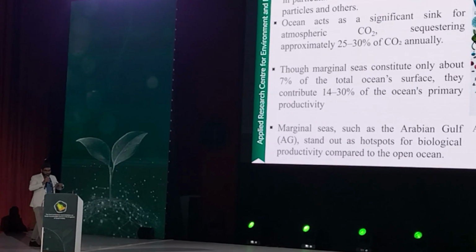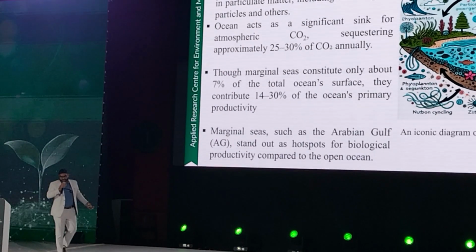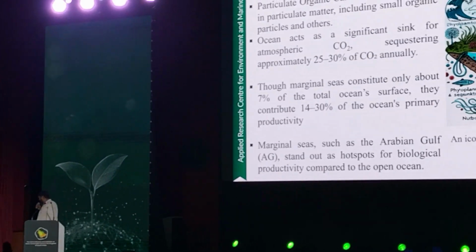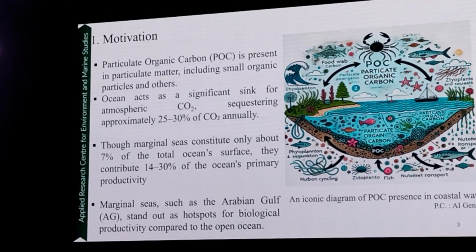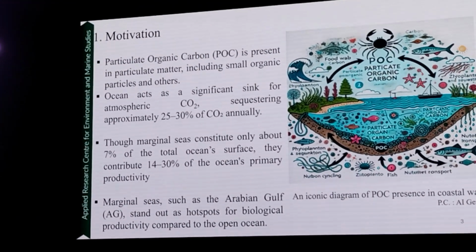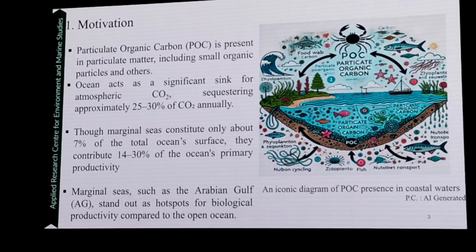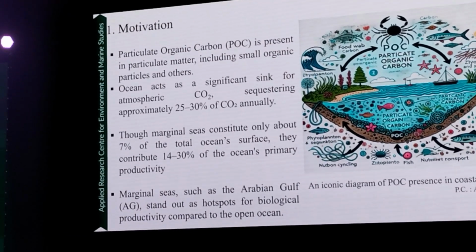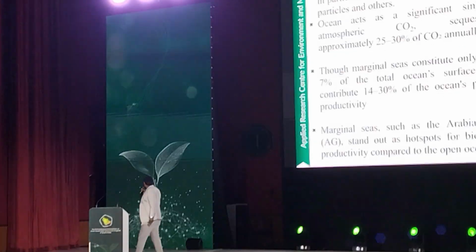Firstly, we would like to focus on the motivation of the study. In the last presentations and keynote speakers' delivery, we came to know that the Arabian Gulf is a very important ocean water in this region. And particulate organic carbon, we know, is present in the particulate matter, in small organic and other materials in the seawater.